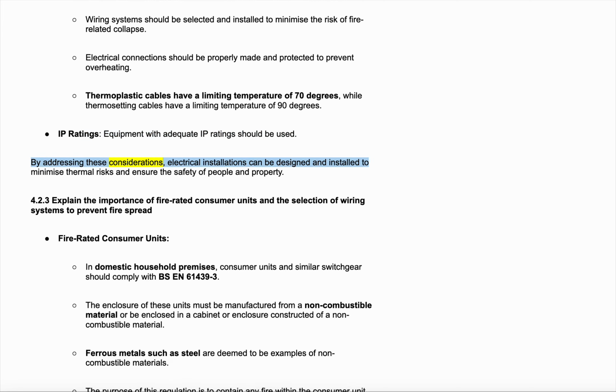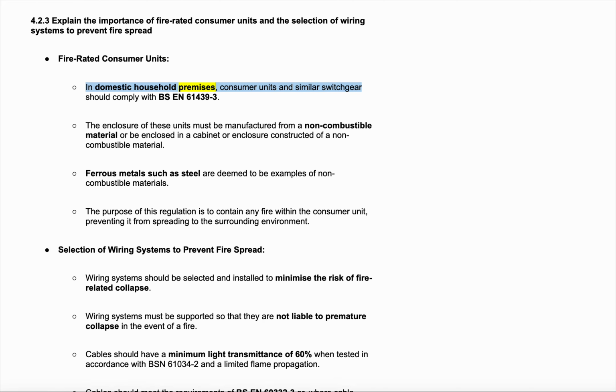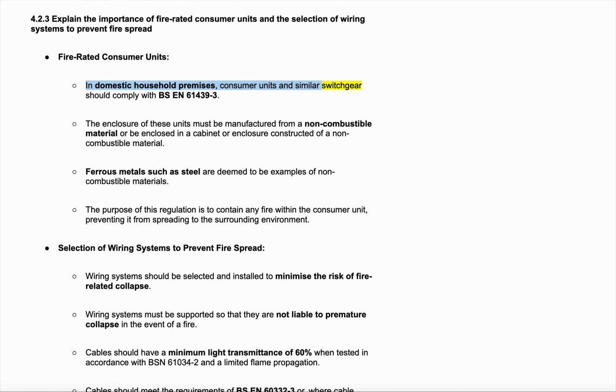By addressing these considerations, electrical installations can be designed and installed to minimize thermal risks and ensure the safety of people and property. 4.2.3 explains the importance of fire-rated consumer units and the selection of wiring systems to prevent fire spread. Fire-rated consumer units. In domestic household premises, consumer units and similar switchgear should comply with BS EN 61439-3.